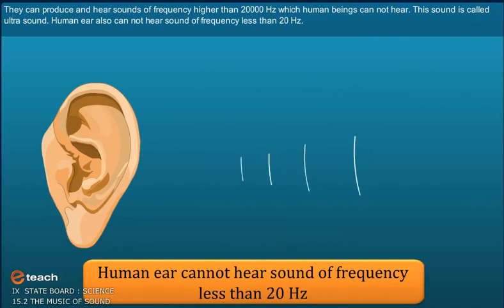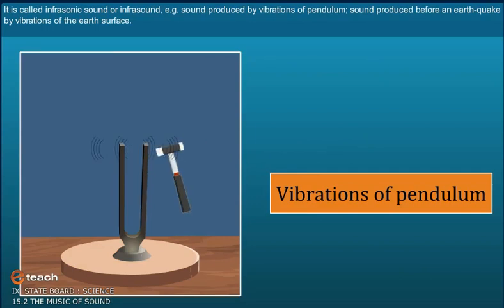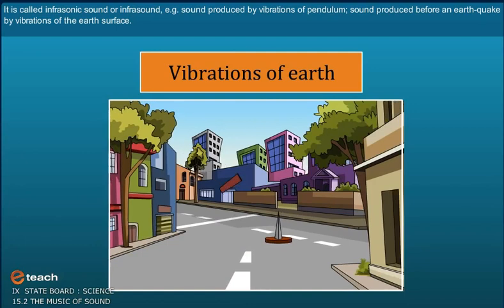Human ear also cannot hear sound of frequency less than 20 Hz. It is called infrasonic sound or infrasound. For example, sound produced by vibrations of pendulum, and sound produced before an earthquake by vibrations of the Earth's surface.